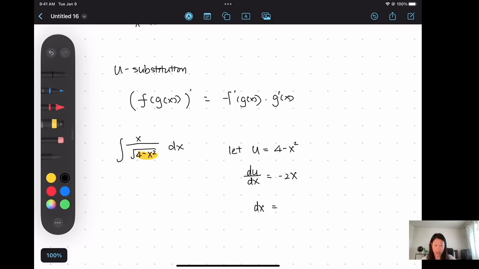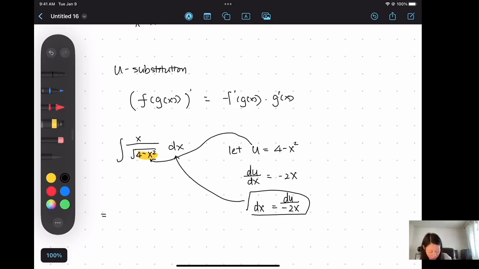Well, dx is on the bottom, so when I solve it, I should have du over negative 2x. Okay, so now the next step is you want to substitute dx equals du over negative 2x in here, because that's your dx. And now you also want to substitute u equals 4 minus x squared in here.